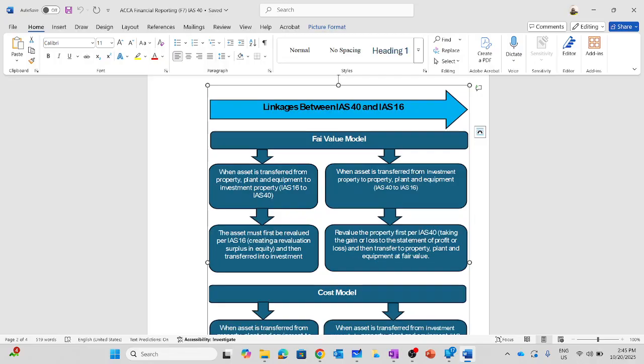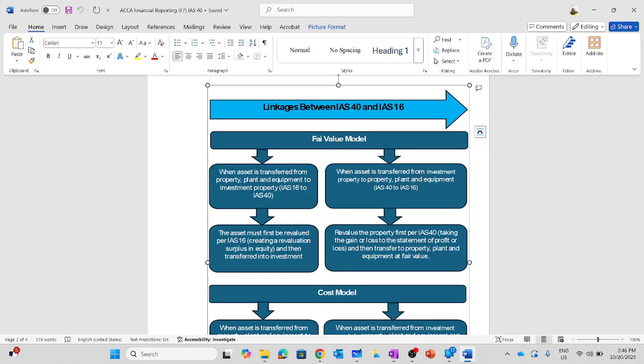It means we have been accounting for the asset under PPE, IAS 16, but now we want to move it to investment property. What are we going to do at the point of transition, and how are we going to account for this particular asset? This is what we are going to cover under this section.